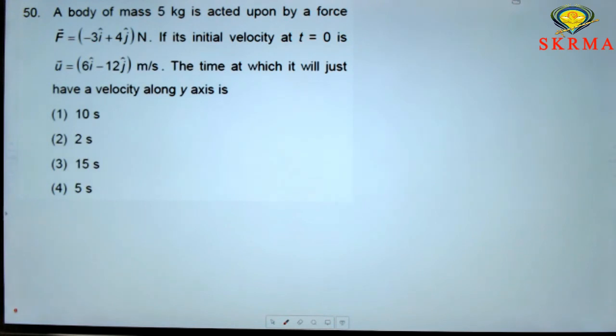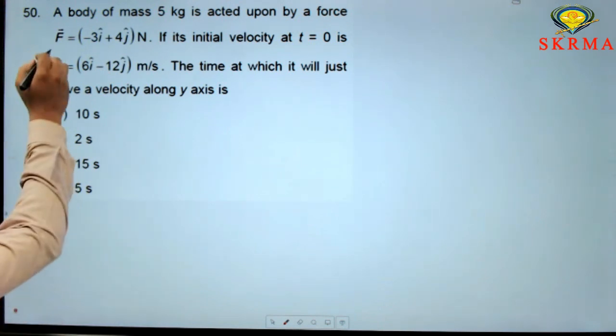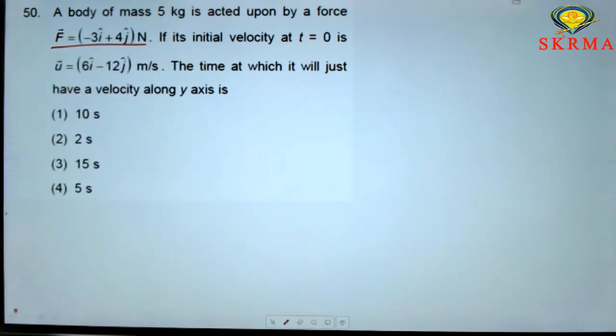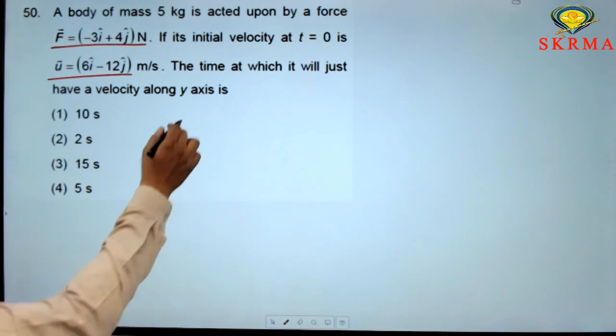Next, a body of mass 5 kg is acted upon by a force minus 3i plus 4j. Its initial velocity is 6i minus 12j. At what time will it have velocity along the y-axis only?